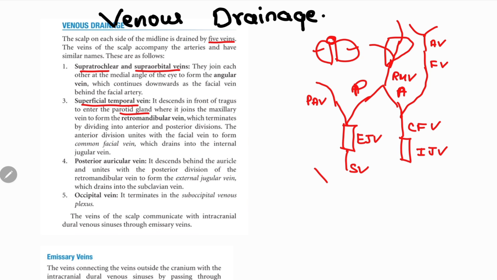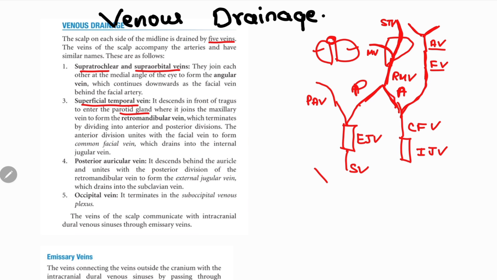So they are basically telling that supratrochlear and supraorbital form the angular vein at the medial part of the eye. Then it continues as the facial vein, and the superficial temporal vein descends in front of the tragus and enters the parotid gland and joins the maxillary vein to form the retromandibular vein, which has anterior and posterior parts.